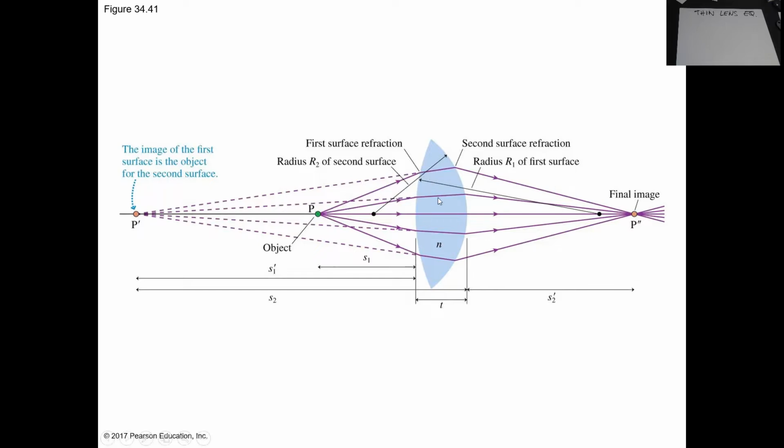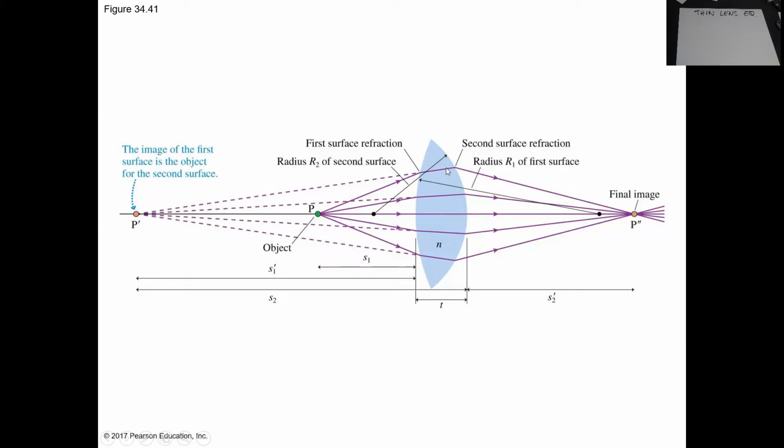Now, if your eyeball was within this glass, that's silly to think about, but if you could somehow collect this light, it appears as if it's coming from someplace back there. So each of these purple lines within the lens, extend them backwards.